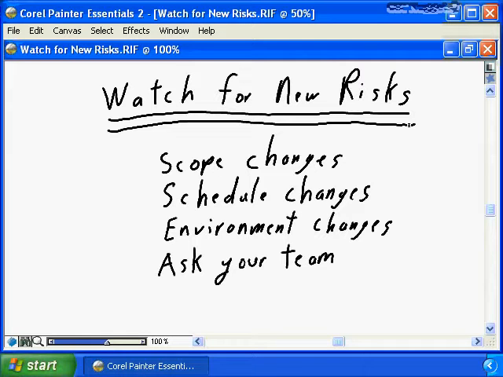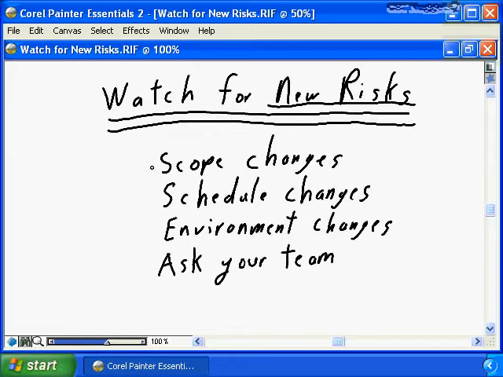You're going to have a lot more information about events and activities that can impact your project success. Therefore, you have lots of opportunity to identify new risks, and you have lots of opportunity to put new risk management plans in place to mitigate, to eliminate, to transfer the new risks before they become actual risks on your project.